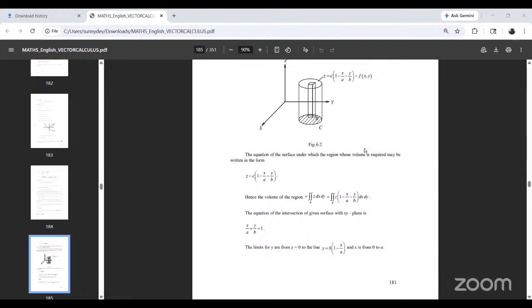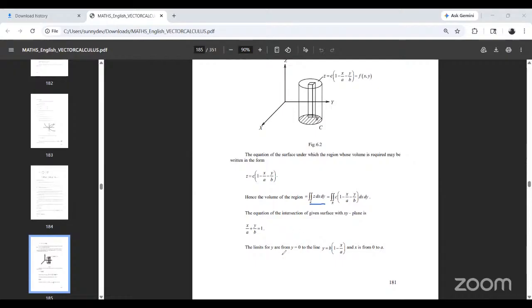Now the volume of the region is z dx dy. So z means c into 1 minus x by a minus y by b, and dx dy. The equation of the intersection of the given surfaces is x by a plus y by b equal to 1.